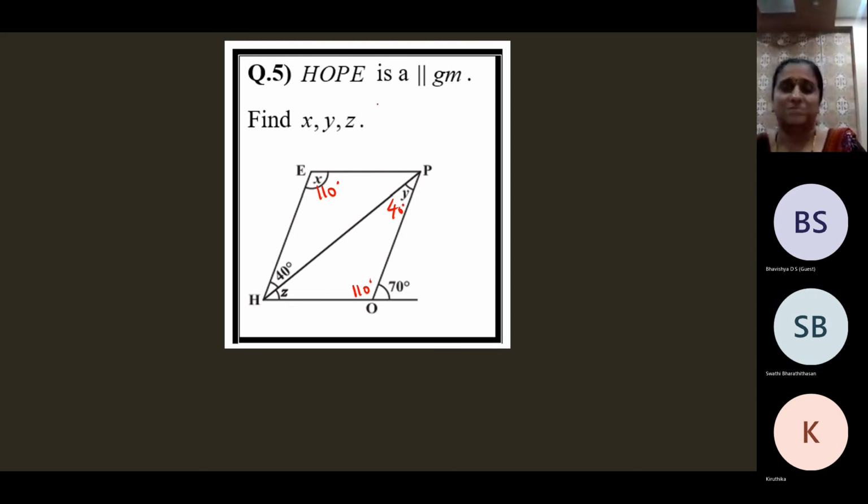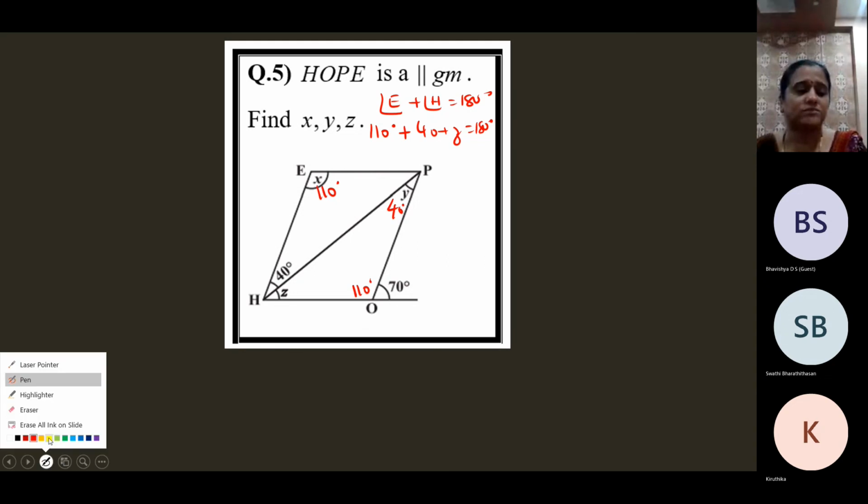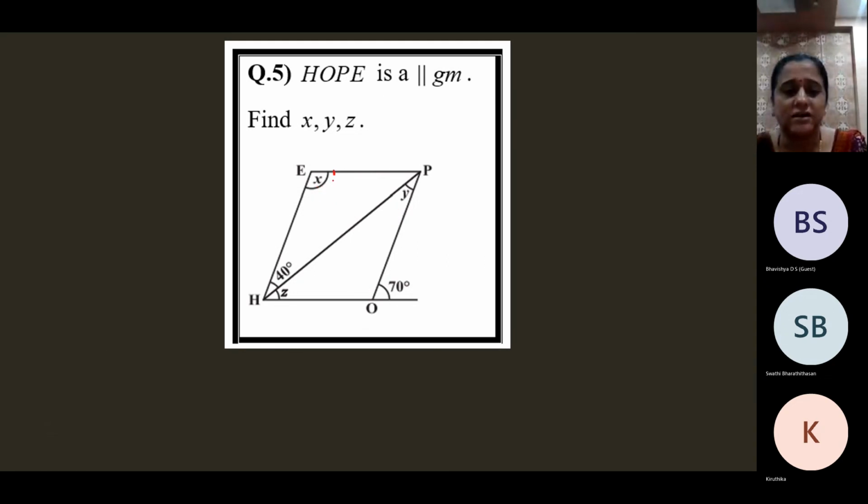Yes, ma'am. Adjacent angles are supplementary. So angle E plus angle H is equal to 180. Angle E is 110 degrees plus angle H, which is 40 plus Z, is equal to 180. Correct, you can do that. See, this angle plus this angle is equal to 180.